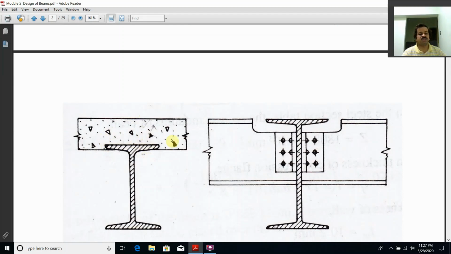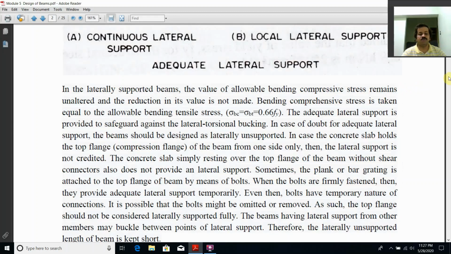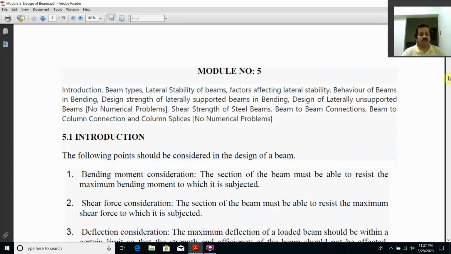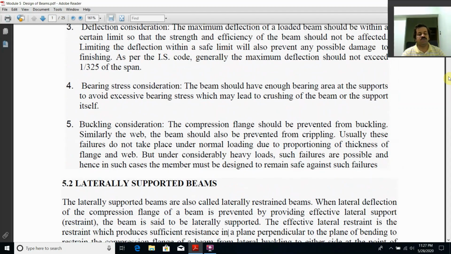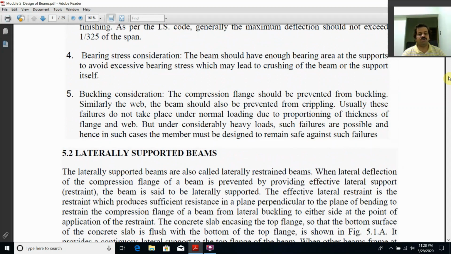Likewise, I have two secondary beams, 1 and 2, and in between them I have a main beam which is rigidly fixed. Such a beam is also called a laterally supported beam. As explained in the notes, if I don't have a lateral deflection, such a beam is called a laterally supported beam.